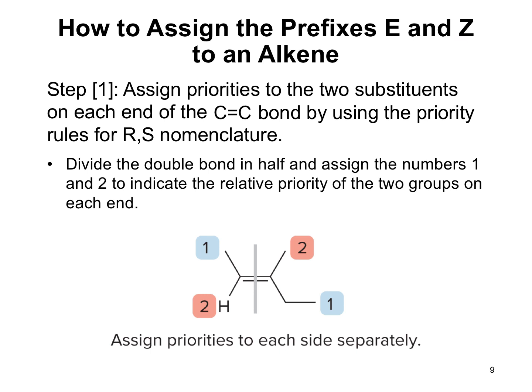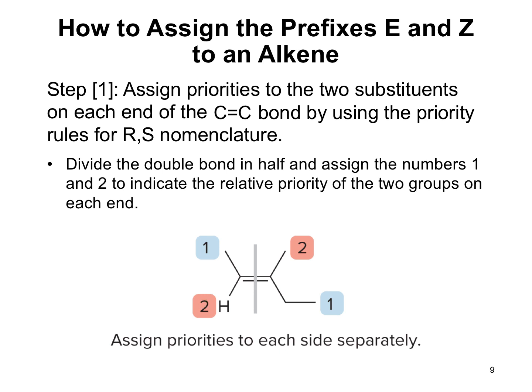When we look at this and we go through these steps, you need to assign priorities to the 2 substituents on each end of the carbon-carbon bond using the priority rules for that IUPAC nomenclature that we learned. So basically, you're going to split this here and you're going to compare these 2, and then you're going to compare these 2 to each other.